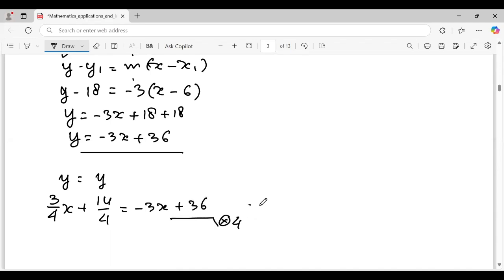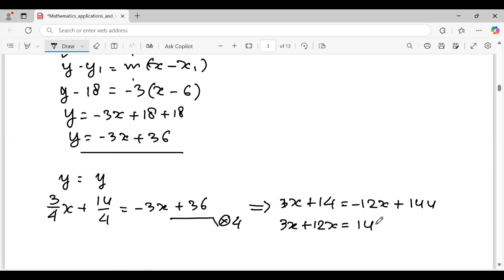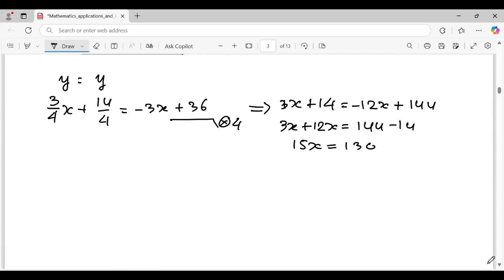Multiply by 4: 3x plus 14 equals minus 12x plus 144. 3x plus 12x equals 144 minus 14, 15x equals 130.